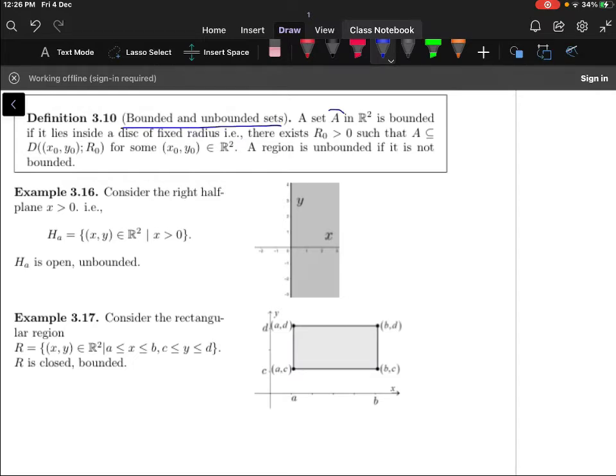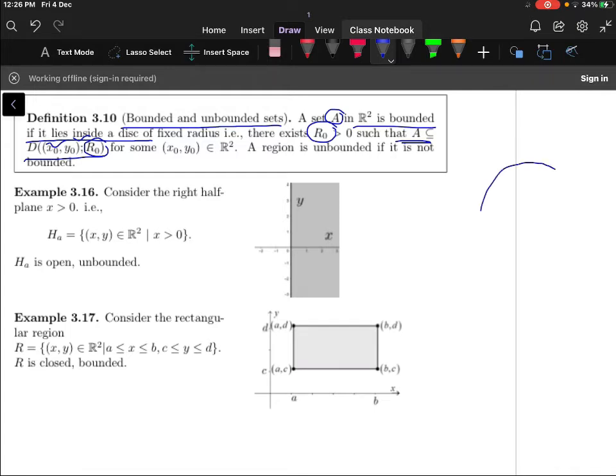A set A is bounded in R2 if it lies inside a disk of a fixed positive radius r naught, such that A is a subset of the open disk with center (x naught, y naught) and radius r naught.